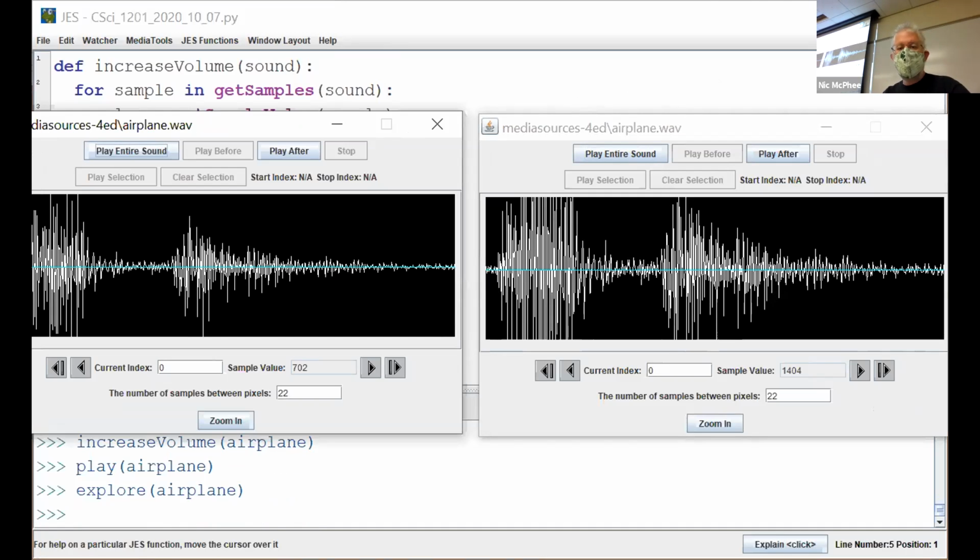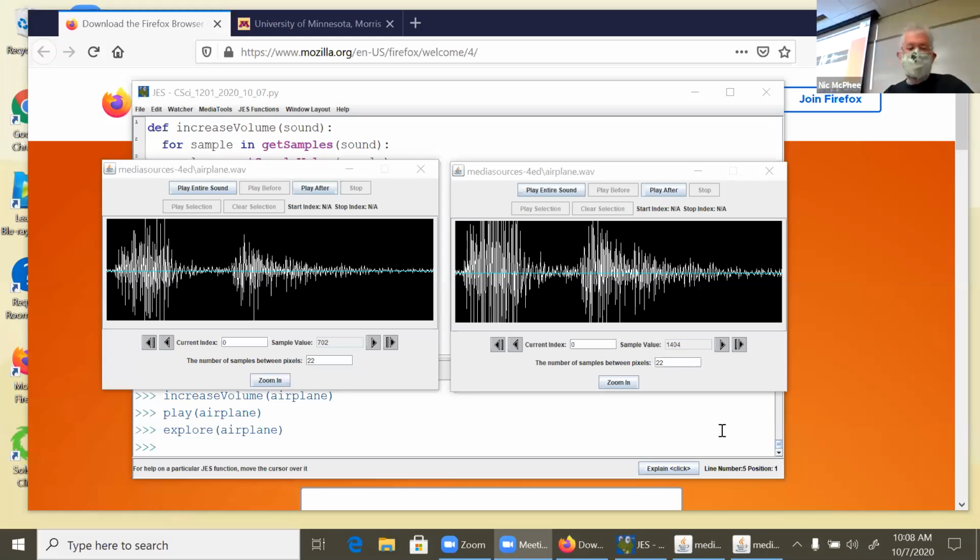So let me actually share the whole screen so you can see what I'm seeing. Okay, there, that's better. So on the left is after having increased the volume once, and on the right is after having increased the volume a second time. And we can see we've definitely made the spiky bits bigger. And you can see it also in the quiet areas.